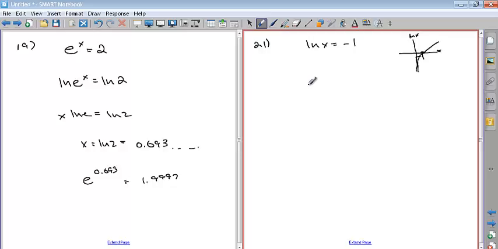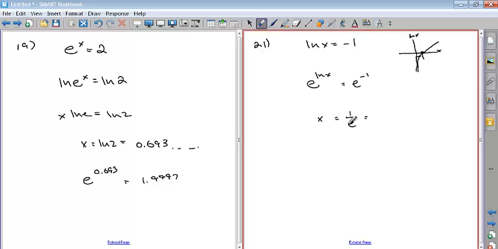So what we do is use the inverse properties of logarithms and exponents. We say e to the natural log of x and e to the -1 are equal to each other, because if you have the same exponent with a common base, then you get the same result. Well, e to the natural log of x is x, and e to the -1 power is 1 over e.